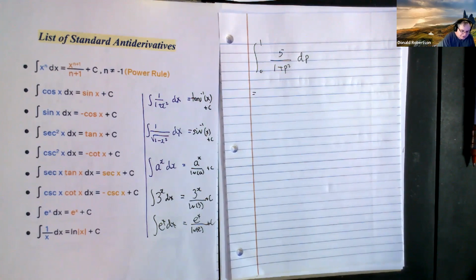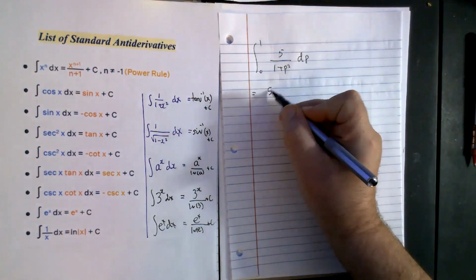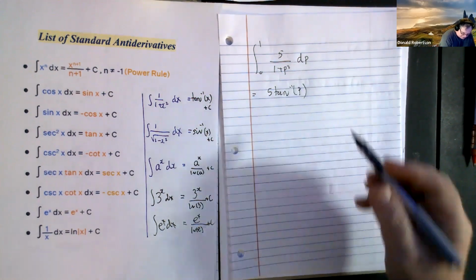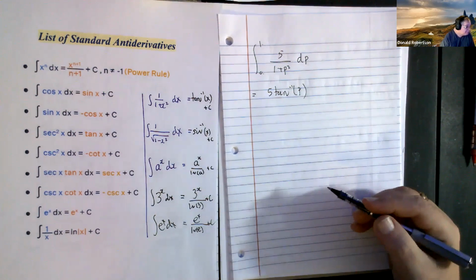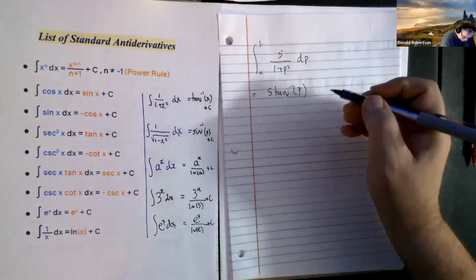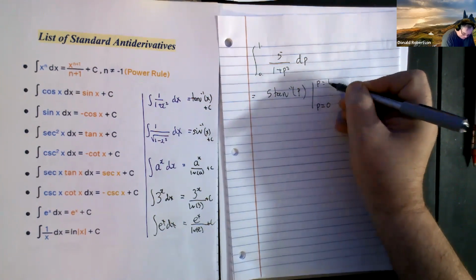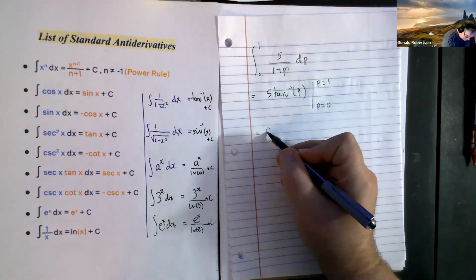Oh, somebody's got the answer, I hope. Inverse tan, or arctan if you prefer. Now, this one has limits of integration. So it's not an indefinite integral, it is a definite integral, which means when we're finished we'll have some numbers.